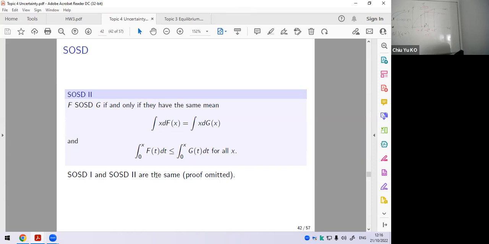They have the same mean, and then the variance is smaller. Because of the same mean, the variance is more spread out. Probably you can look at the same mean here, and look at this side.